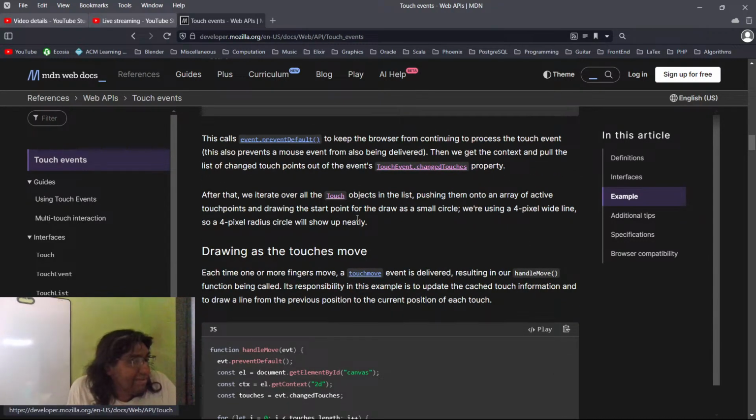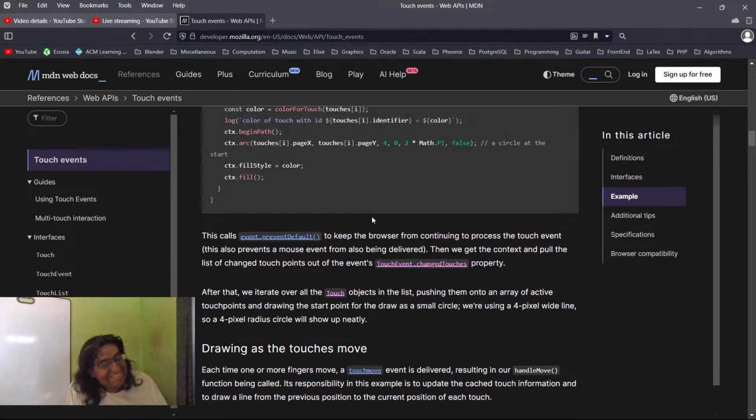After all, this is a good example. Yesterday I said that you should keep these things simple, but if you read the thing, it is a good example. And it is very well explained.